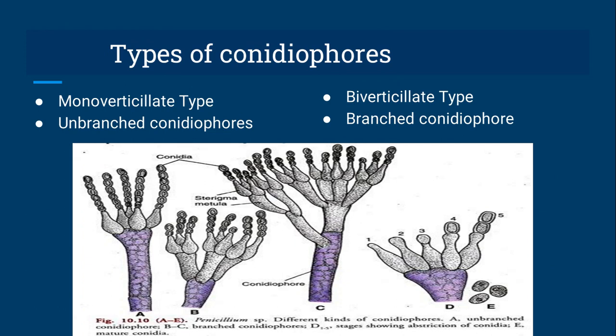2 types are there, monoverticillate and biverticillate. What is the basic difference between these two? Mono means single, conidiophore without any branch. Unbranched conidiophores are called monoverticillate.